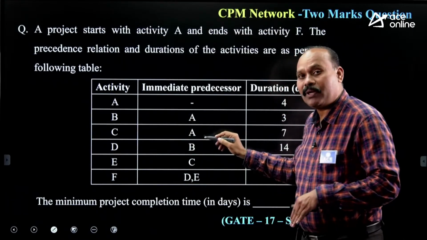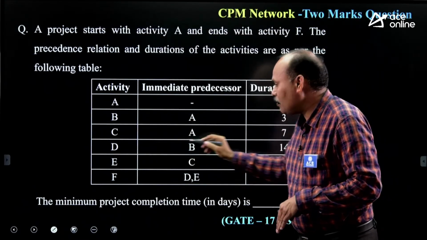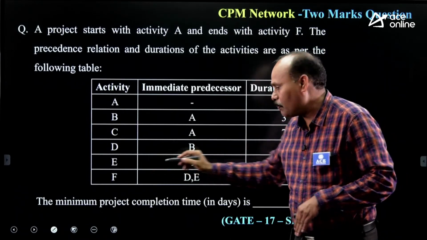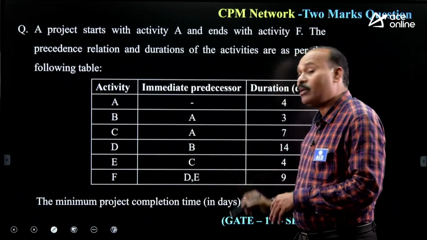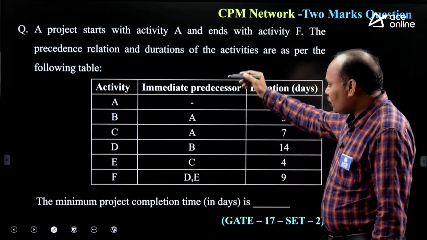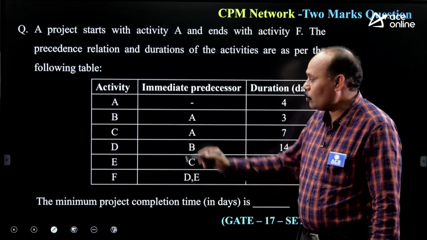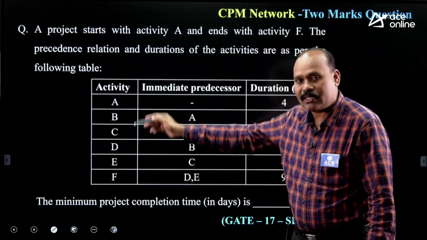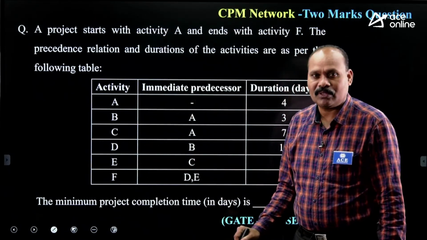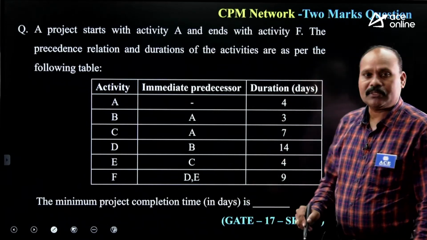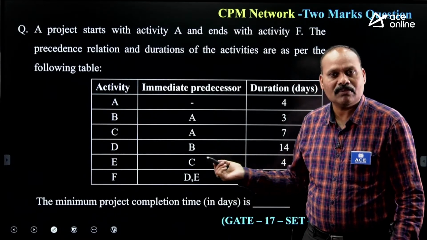C is depending upon A completion. D is depending upon B completion. E is depending upon C completion. F is depending upon D and E. So you can take this predecessor as nothing but condition. To begin these activities, these are the conditions. Duration.